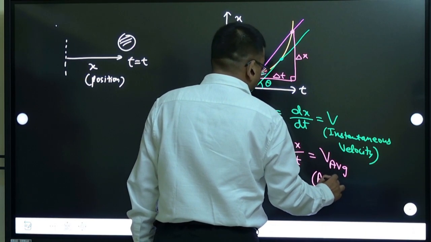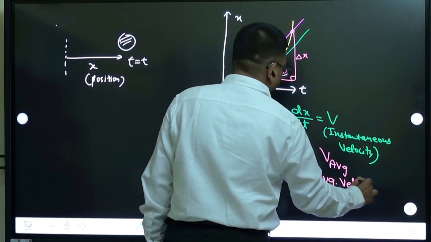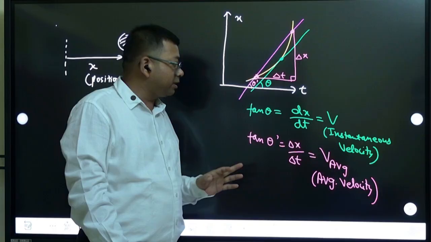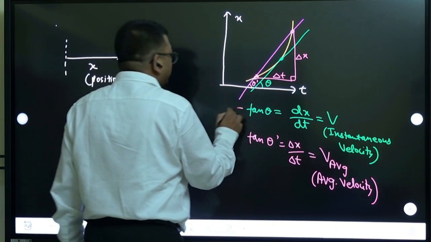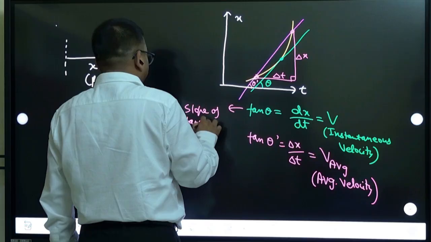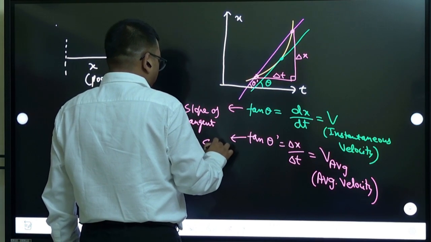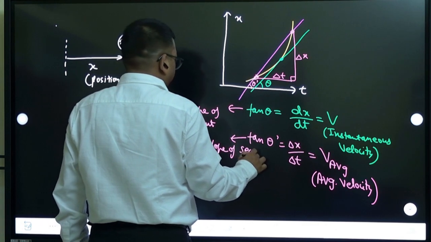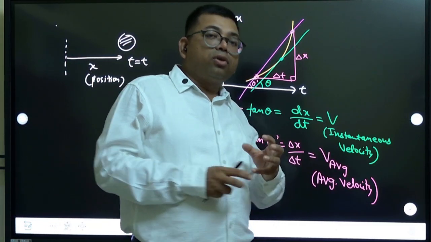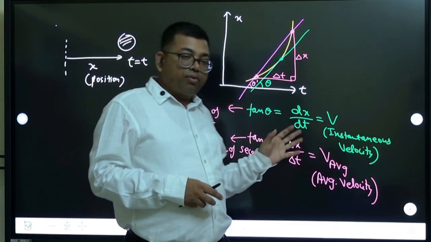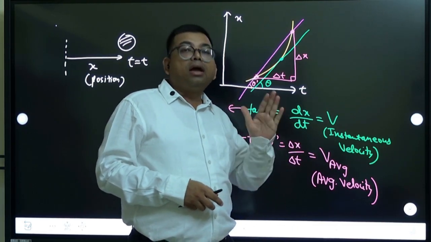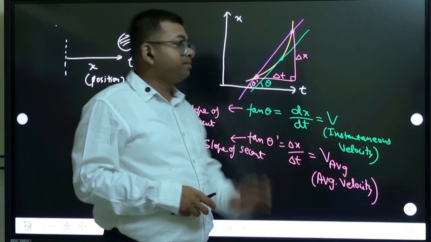Remember, this is average velocity. So tan theta here is the slope of the tangent, and this is the slope of the secant. Area does not have any meaning here. So in a position time graph you can only understand slope, whether instantaneous slope or average slope. Instantaneous slope gives instantaneous velocity, average slope gives average velocity, right?